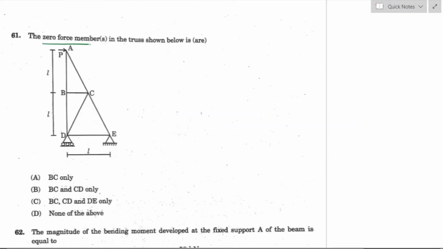Question number 61. The zero force members in the truss shown below are: considering joint B, this is the joint B section, force along BA, force along BD. If two forces are in the same plane, the next force along member BC will be 0. So member BC is a zero force member.